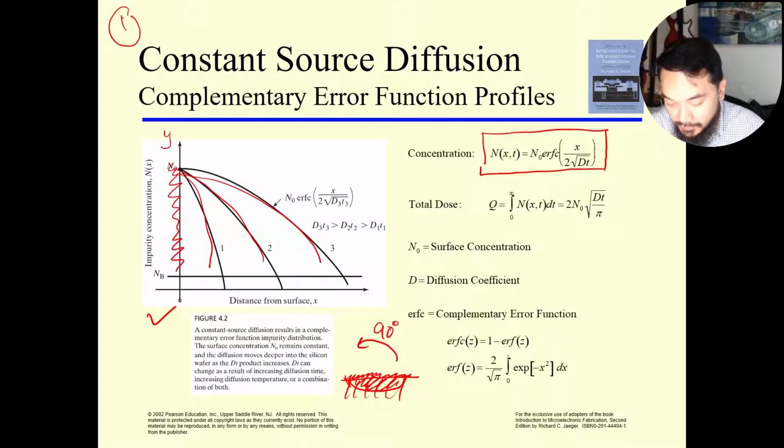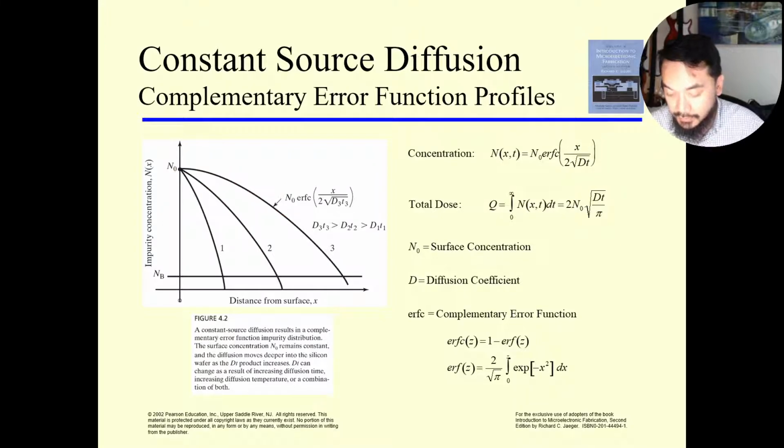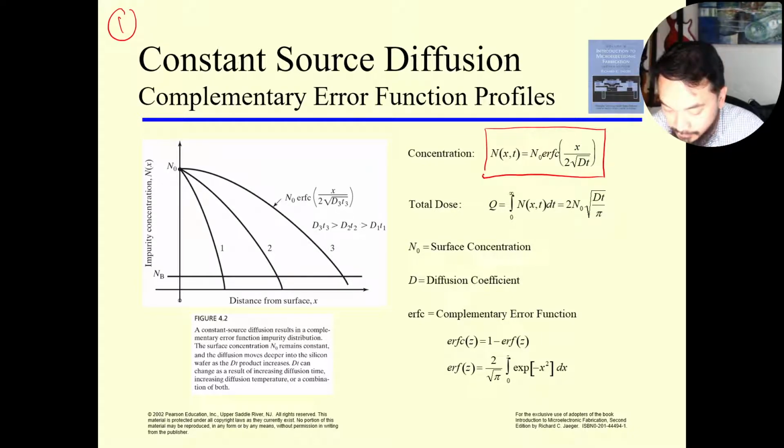The y-axis is the concentration of impurity at the surface and along the depth of your junction, or the profile of your diffusion, and x is the distance, or actually the depth. Now this is the equation, and it governs these graphs here.